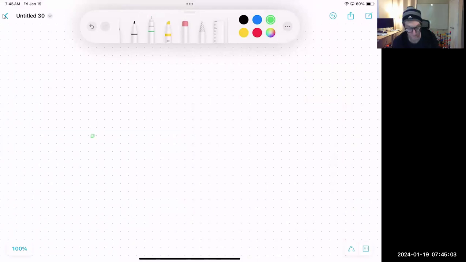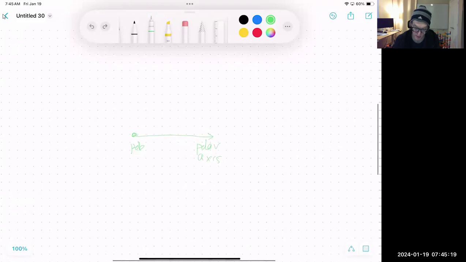Here is the focus. Here is the, or rather, here's the pole. Here is the polar axis. And what do we know again? We know that based on the equation that P is 12/5.